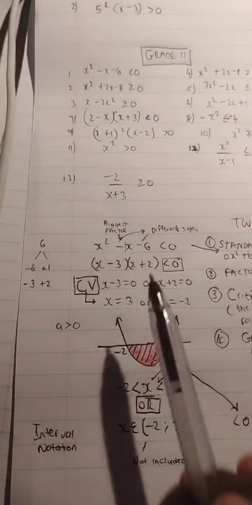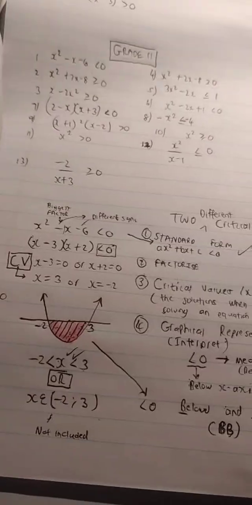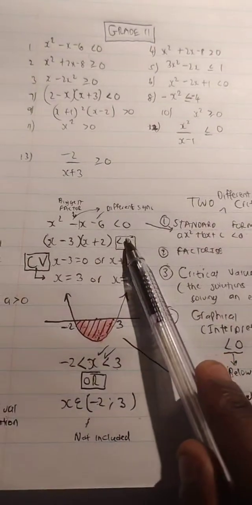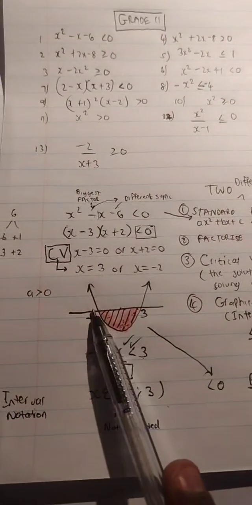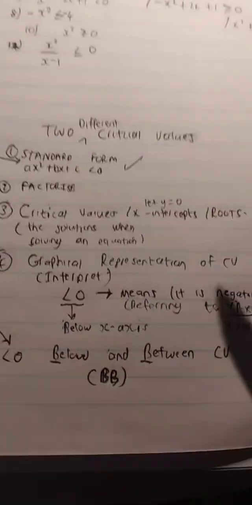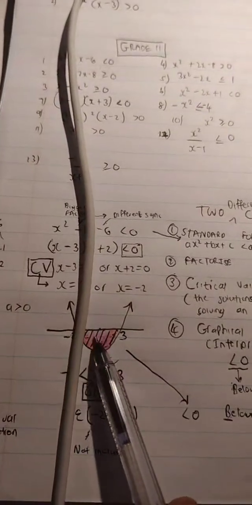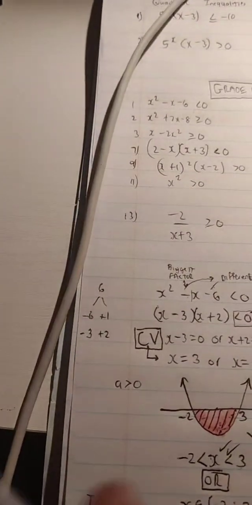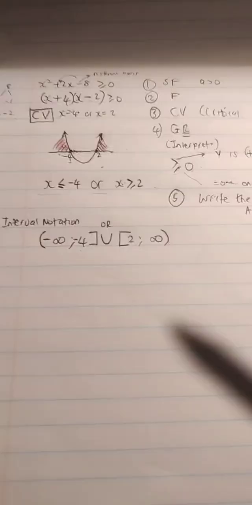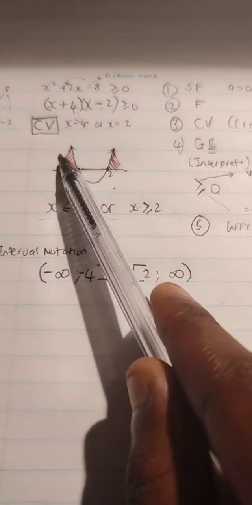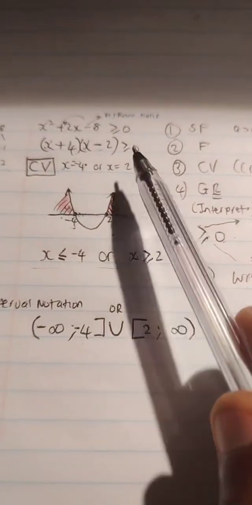So this one was the BB situation because less than 0 means y is negative, so that's below the x-axis. Hence we said below and between, BB. So that's why I say this is the BB situation, whereas this one, greater than or greater than or equal to 0 means above and away. Okay, let's do another one.